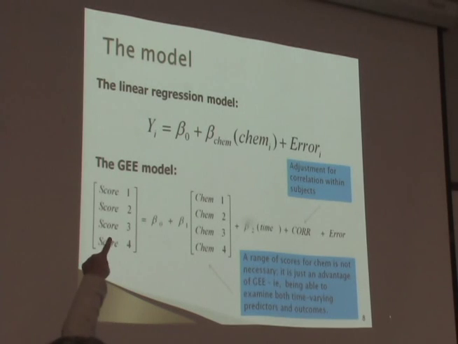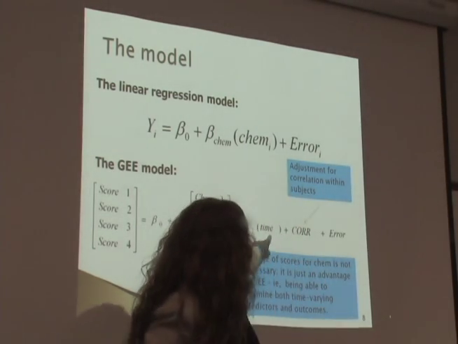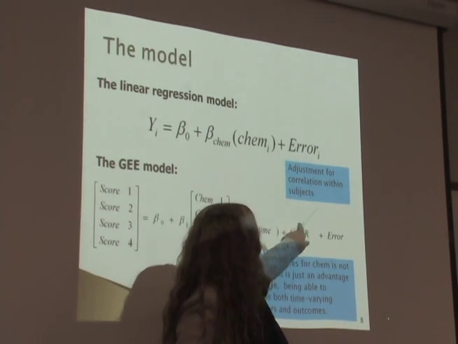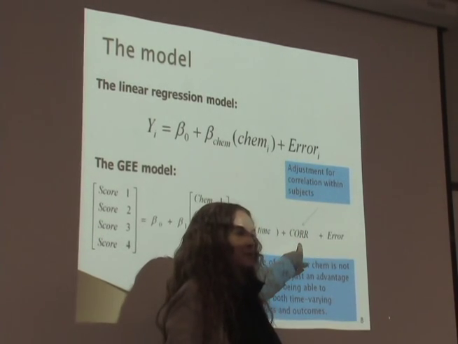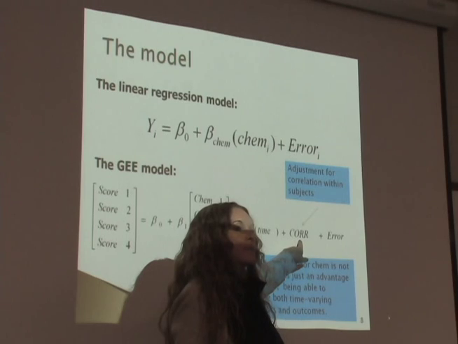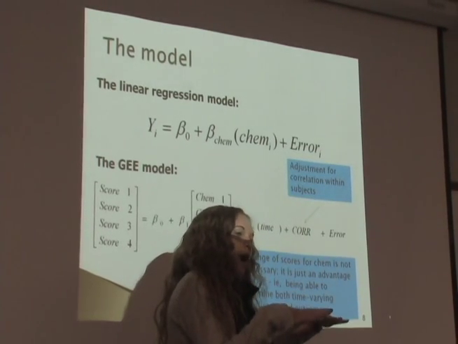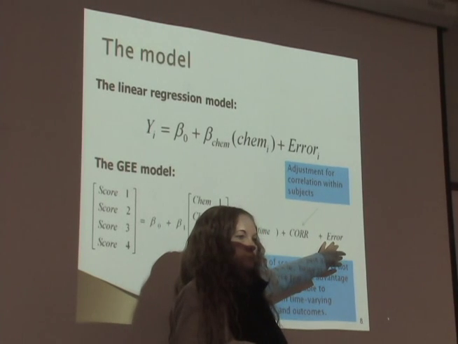The difference with the GEE model is that we have this range of scores for the dependent variable, and in this example, we also have a range of scores for the independent variable, although that's not necessary, right? And then we also have this time predictor, and then we have a weight adjustment for the assumed correlation structure that we impose on the model, plus error, okay?